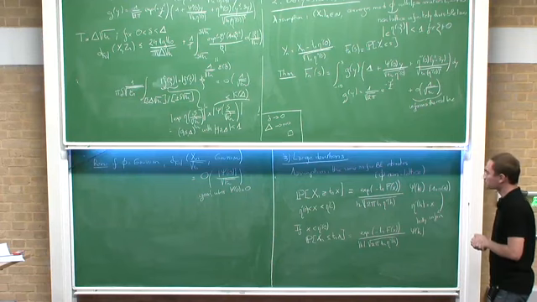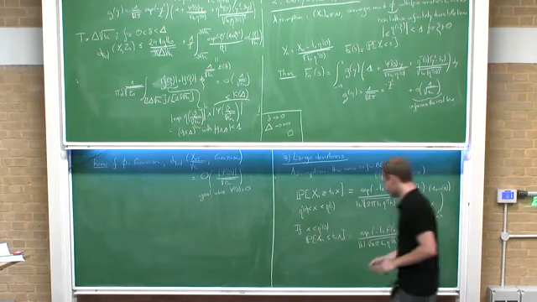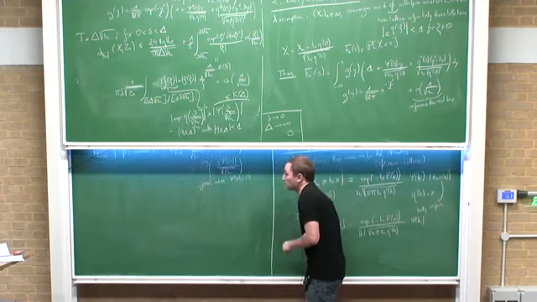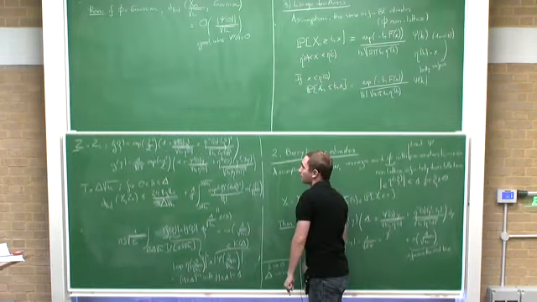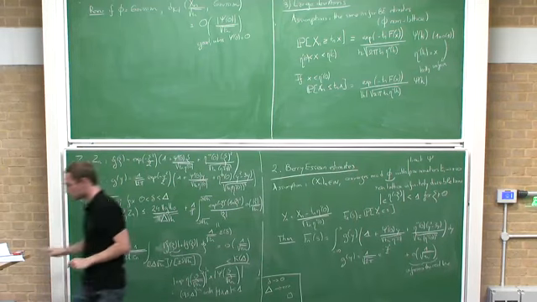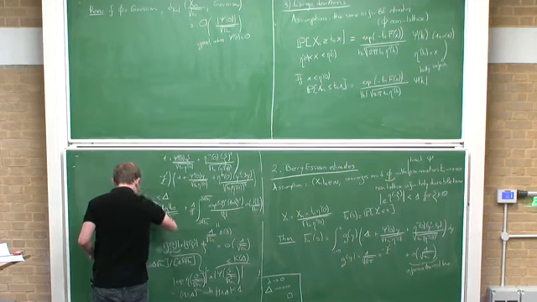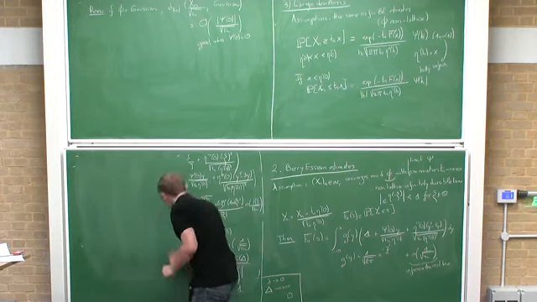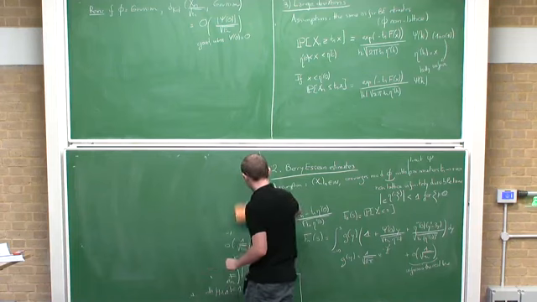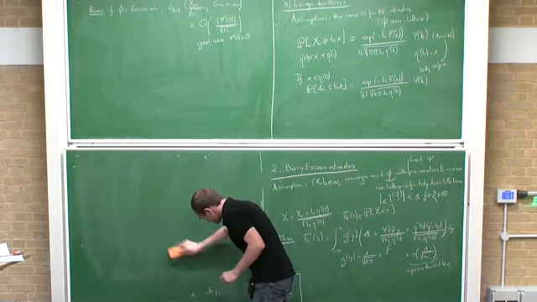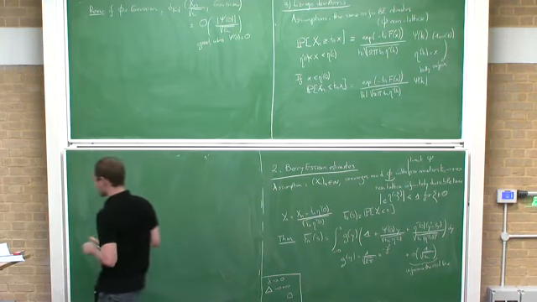Okay, so let's prove this. The proof uses a tilting argument, exactly as in the proof of the Ellis-Gartner theorem. And then we're going to use the Berry-Esseen estimates.